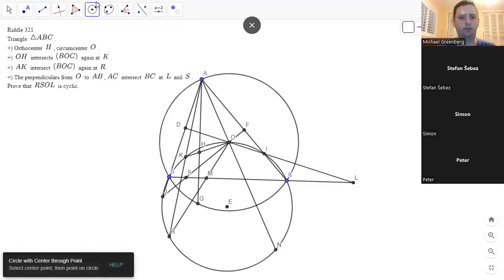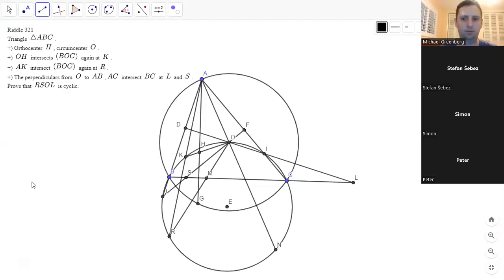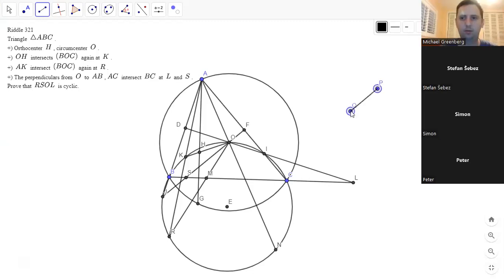So we could show K, M, and N are collinear.